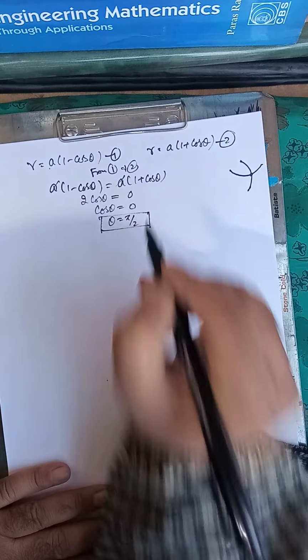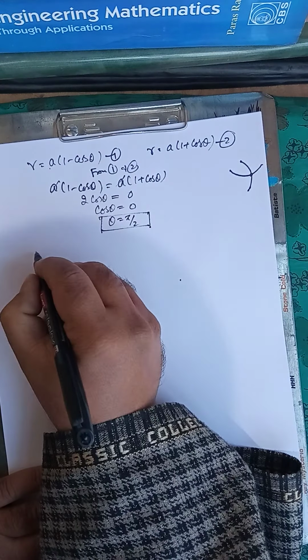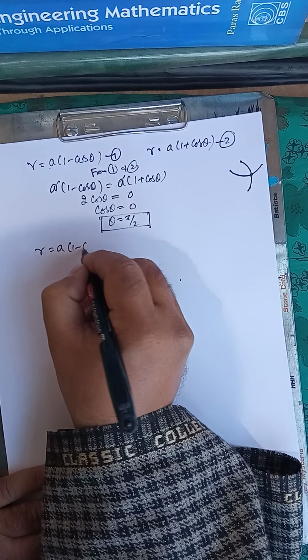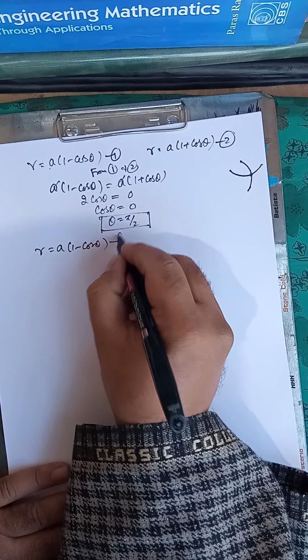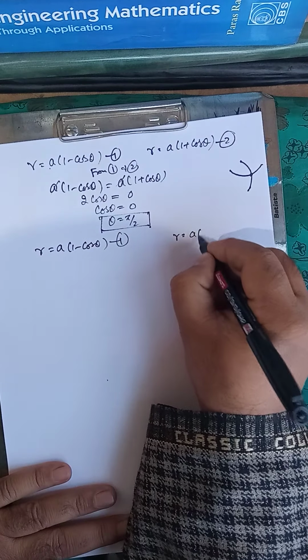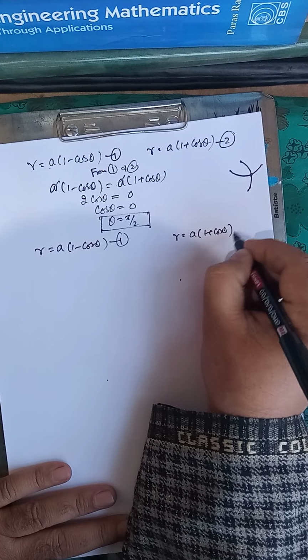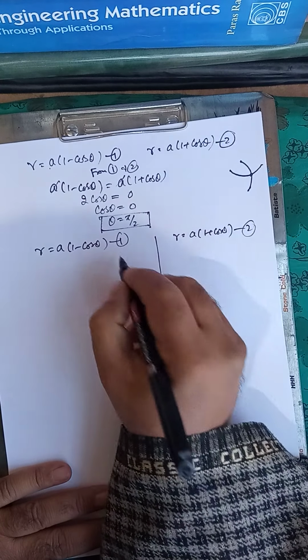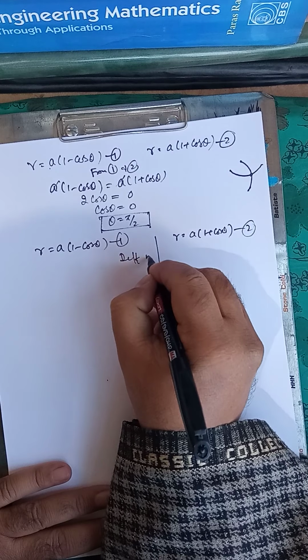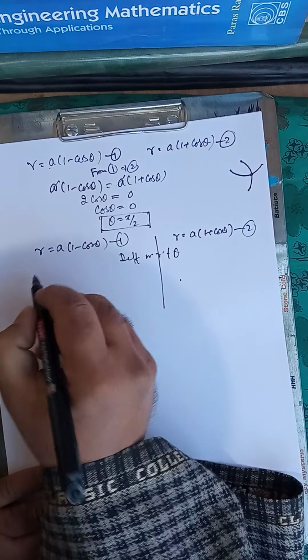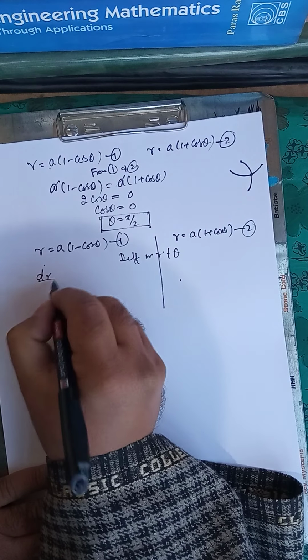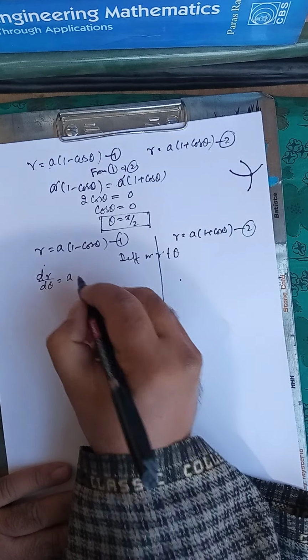Fine. Now you have two curves, r equal to a(1 minus cos theta), this is 1, and r equal to a(1 plus cos theta), this is 2. Let me differentiate with respect to theta. For this curve I get dr by d theta equal to a sine theta.